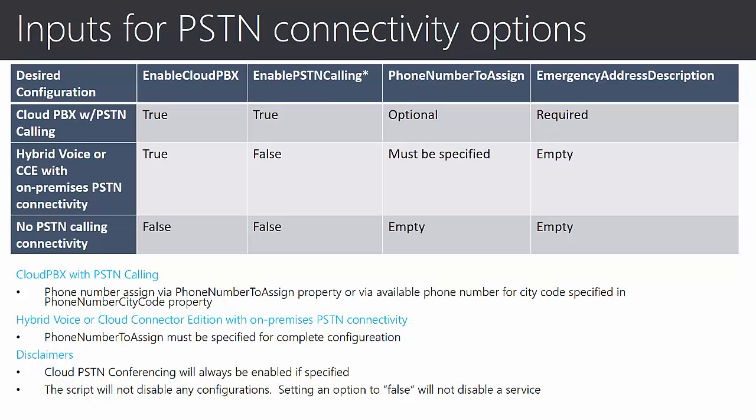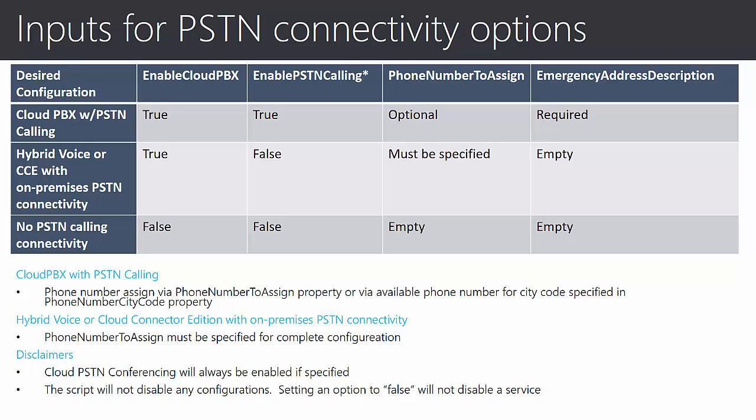Important to call out here is that both options, if you have a user who is homed in the cloud and you're going to be using PSTN connectivity, they must have enable cloud PBX turned on. This assigns them the appropriate license to allow them the PSTN connectivity.